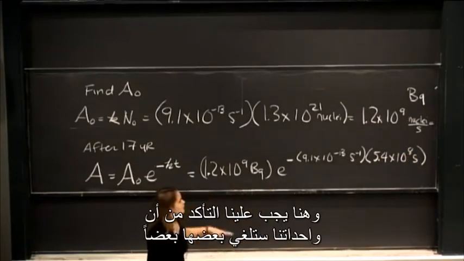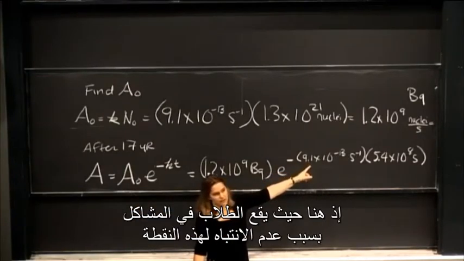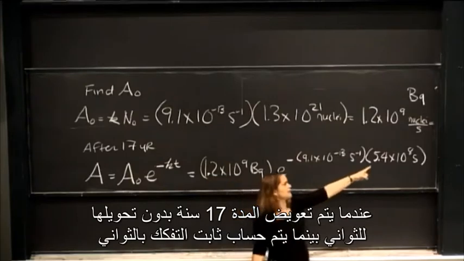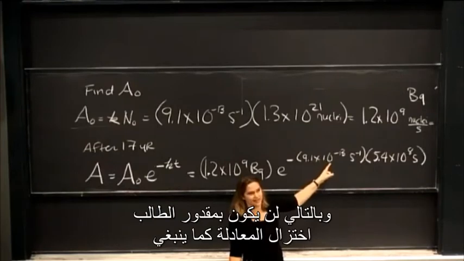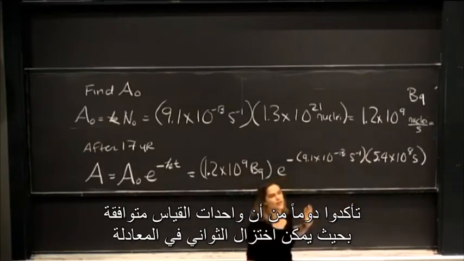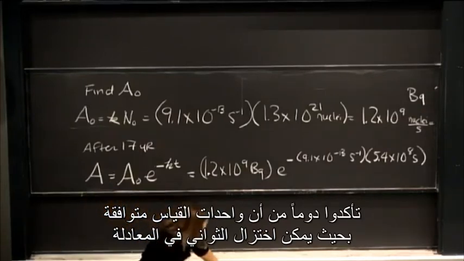So here we want to make sure that our units are going to cancel. And this is where people often run into problems. They'll plug in 17 years and then a rate constant which was calculated in seconds, and things will not cancel appropriately. So make sure that you get your units consistent so that your seconds are going to cancel.